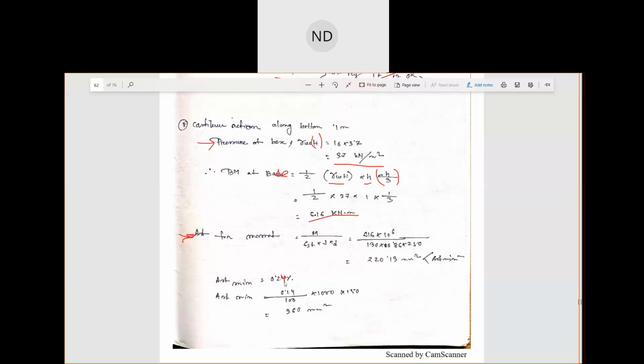So the area of steel can be 0.24 by 100 into B into D. That will give you 360 mm square.